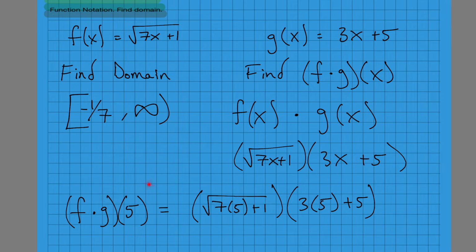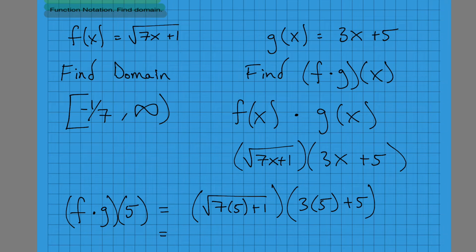See, all I'm doing is plugging in 5 everywhere there's an x. Here we have our f of x times g of x. Everywhere there's an x, I'm going to put parentheses around these and plug in the number 5.